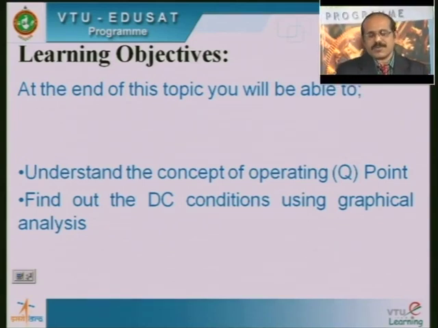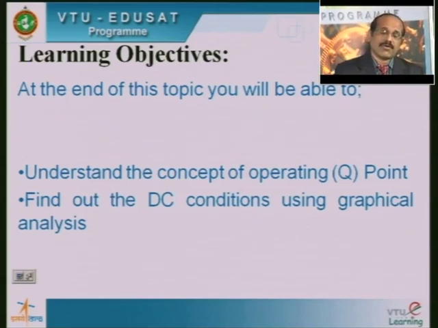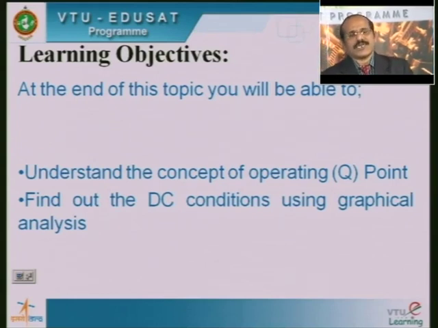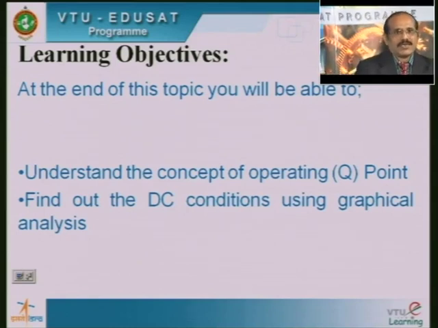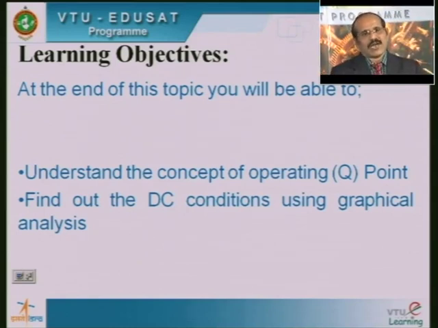At the end of this topic, the students will be able to understand the concept of the operating point, also called the Q point, that is the quiescent point. We shall see why the operating point is called the quiescent point. And also we will come to know how to find out the DC condition that exists in the diode circuit.